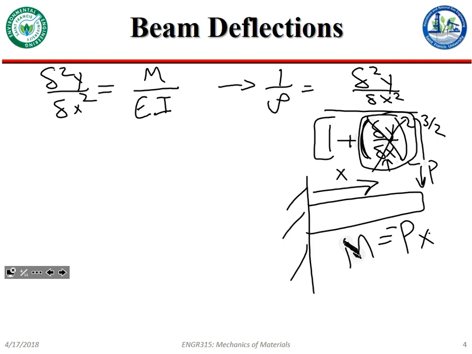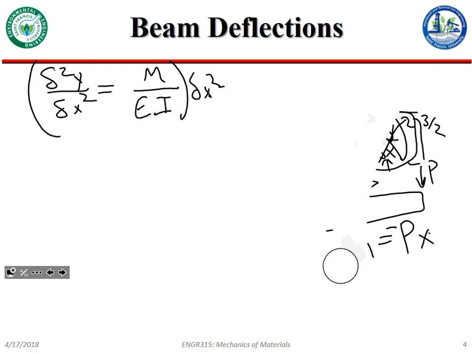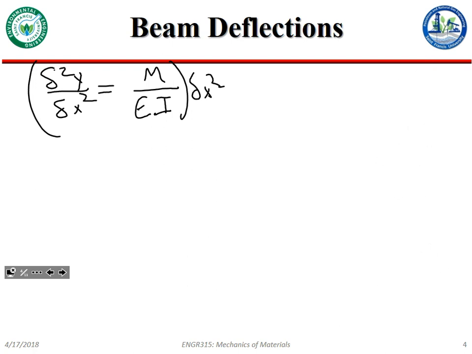So let's work with this. So if I take this guy, how do I do this? Okay, and I'm going to move the dx squared over to the other side. Because like dy/dx or d squared y over dx squared, these are just variables.